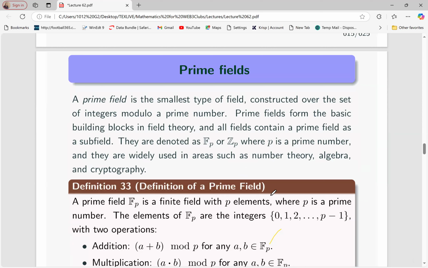Now, I had introduced prime fields. We want to look at them because they are very important to us in security. Prime fields are very important, and we are considering mod P, where P is a prime number.